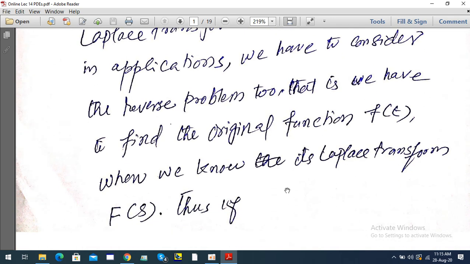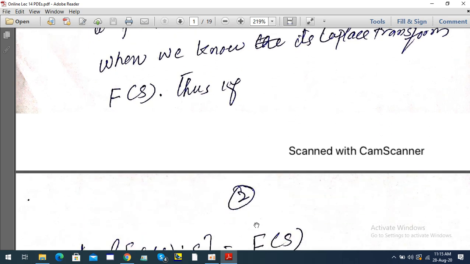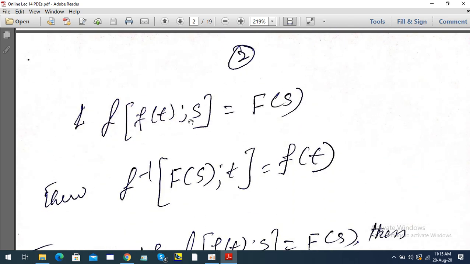So we know that its Laplace transform is F of s. When we know that the Laplace transform of f of t is F of s, we need to bring it again to the original function. So again the Laplace inverse of F of s, we have to take the reverse of this.